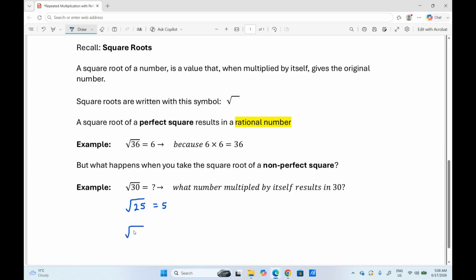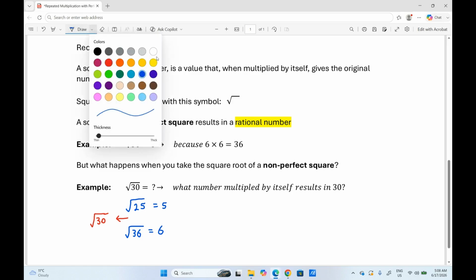And I already know that if I take the square root of 36, I'm going to get 6 because 6 times 6 is 36. Now, the square root of 30 is between 5 and 6.